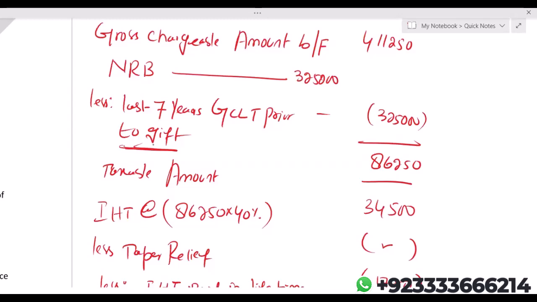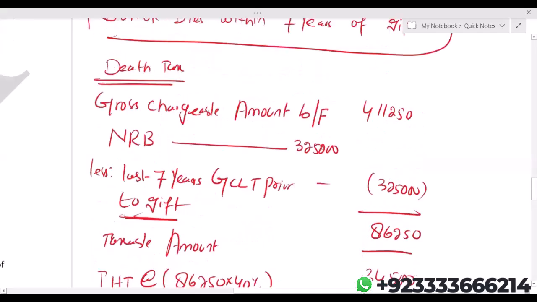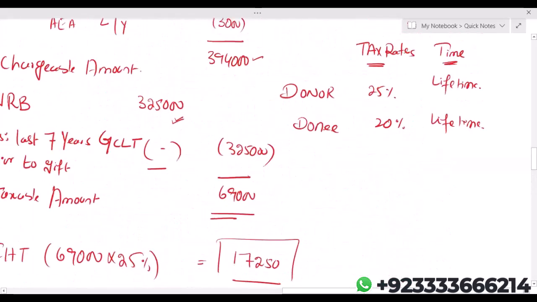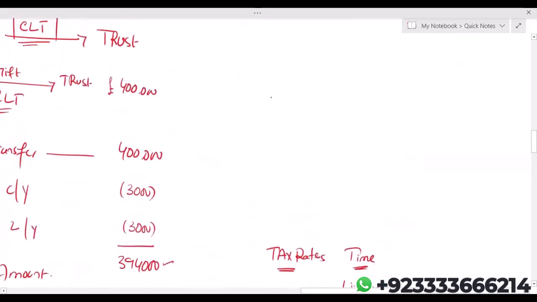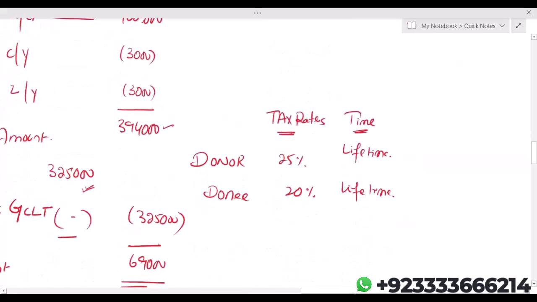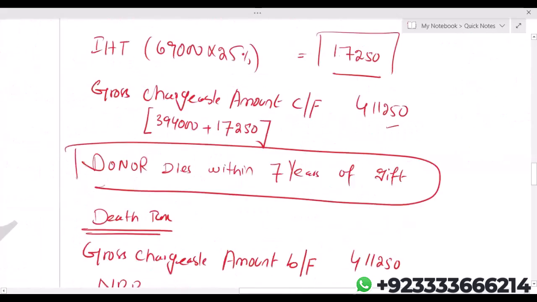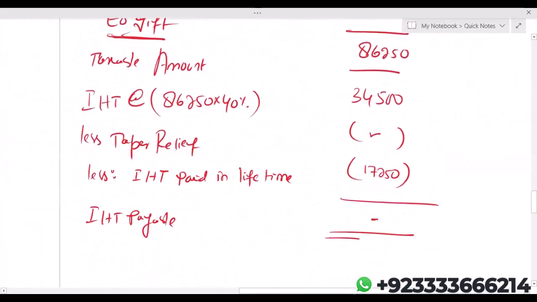Now, for example, let's say on the first gift we have calculated lifetime tax as well as death tax.